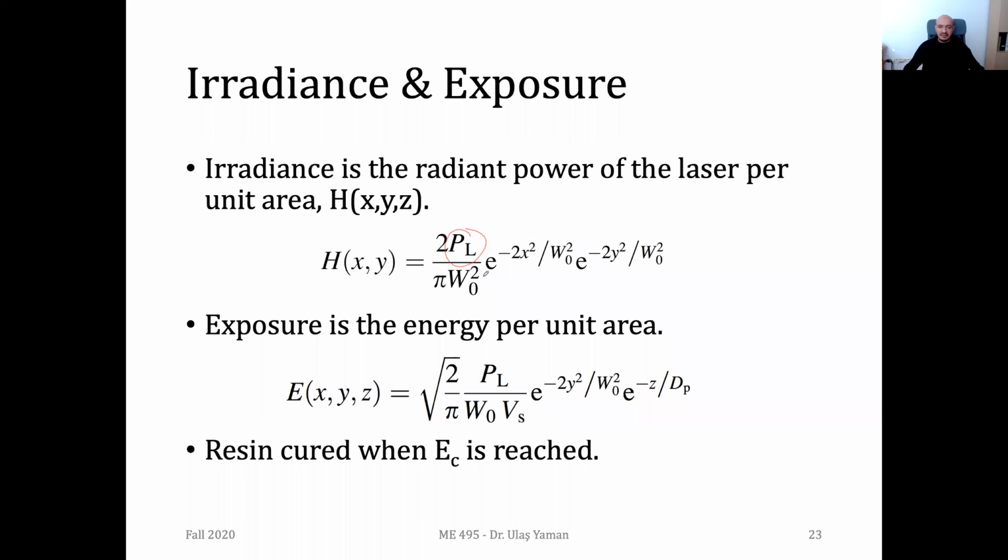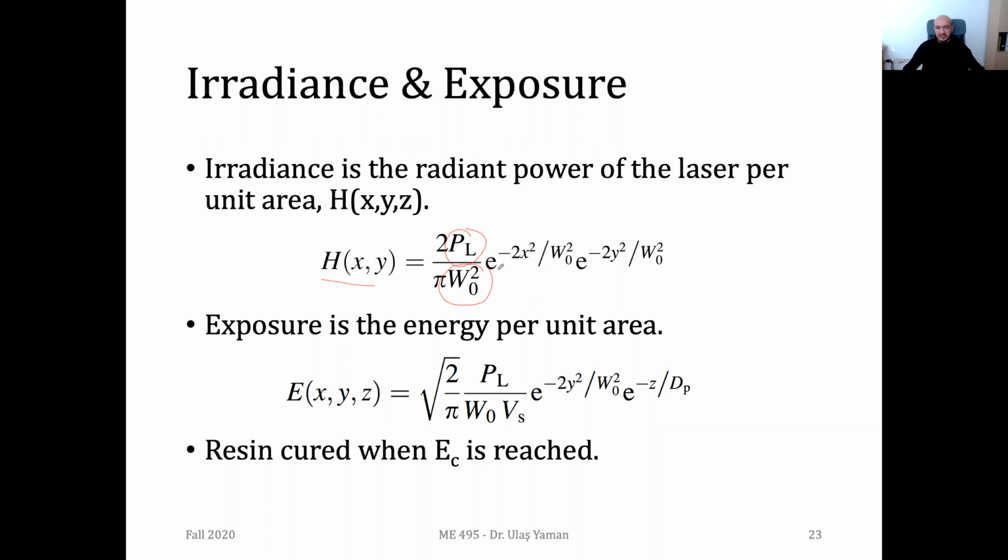But what about the radius of your laser? If you keep the power the same and increase the size of your laser beam, then you're going to decrease the irradiance with the given configuration, which means that it will be difficult to cure, and it may take more time to do the curing operation.